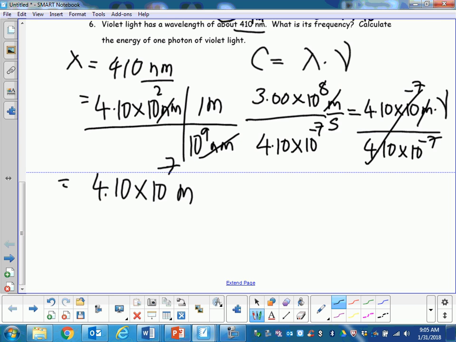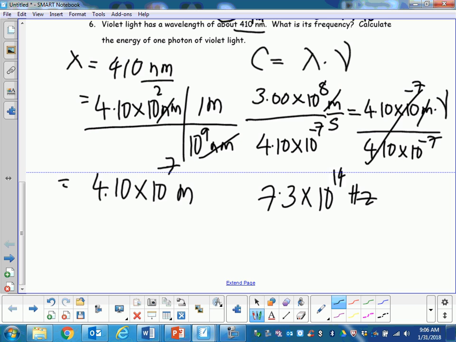Pretty much you're adding: 8 minus of -7 is 8 plus 7. So what is the divided number? 3 divided by 4.10. Anybody in class, what is the answer? 7.3 times 10 to the 14. This is in hertz. Correct?